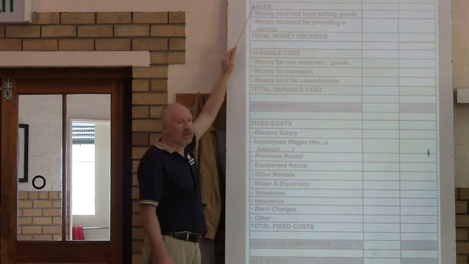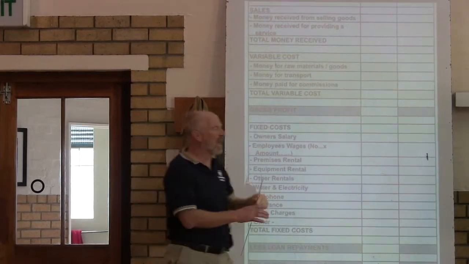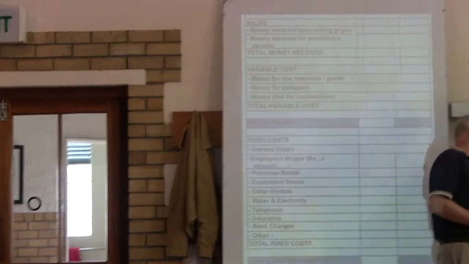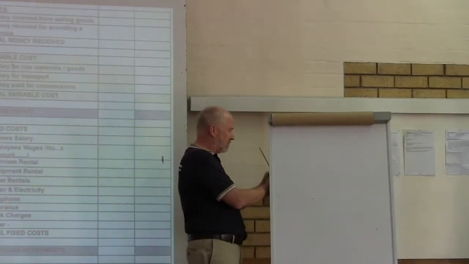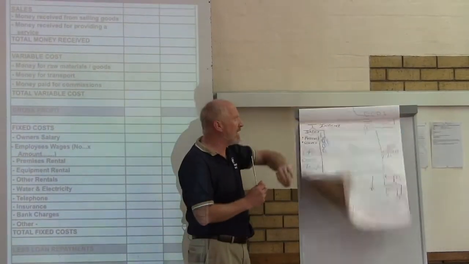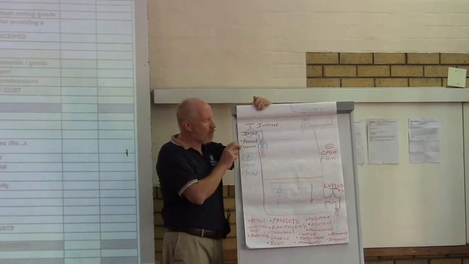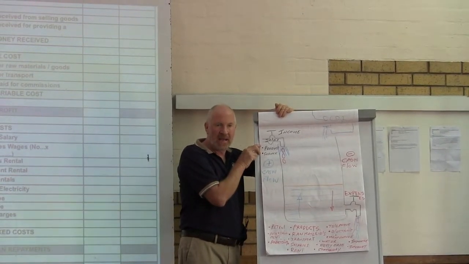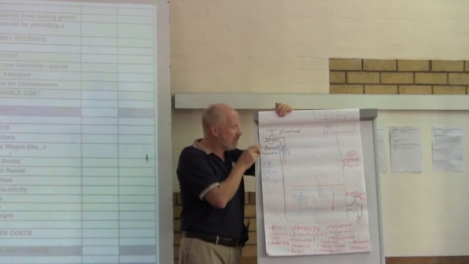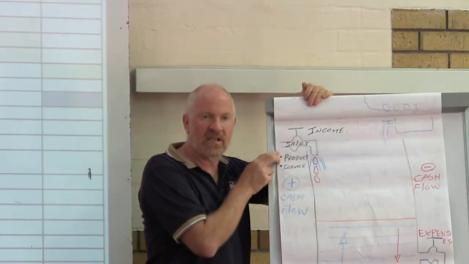So under sales, and remember when we come here to this diagram, let me just pull the diagram back really quickly. Remember when we came to this diagram here, we said that there are only 2 ways that a business can make money, bring money into the business. Product or service, selling a product or selling a service.